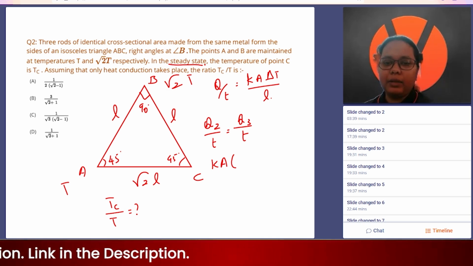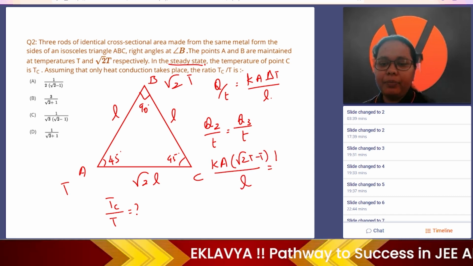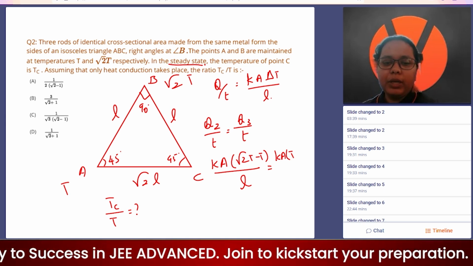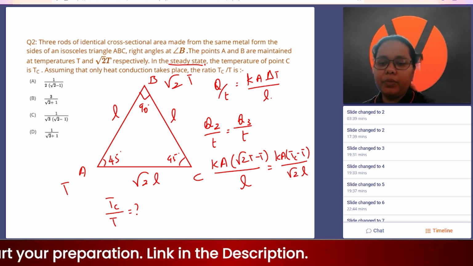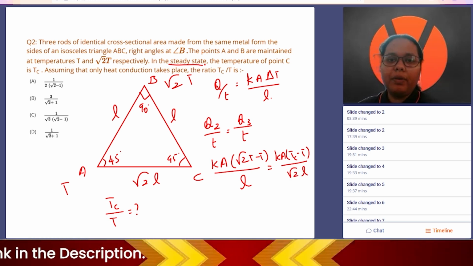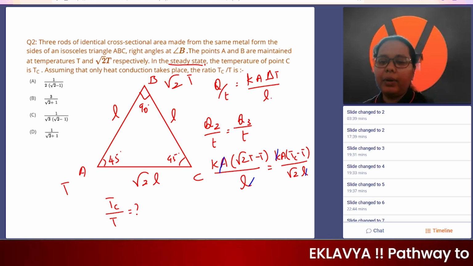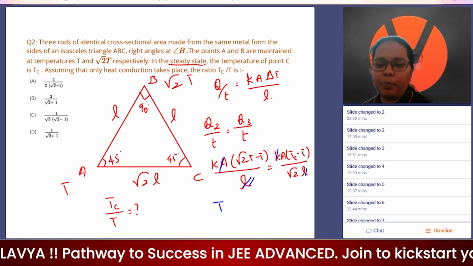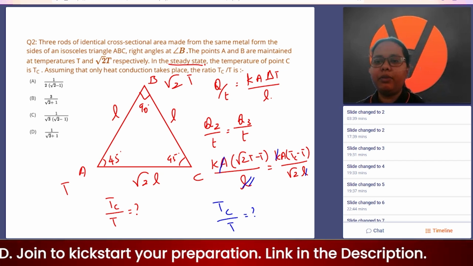Writing it, root 2 T minus T divided by L, which will be equal to K A into Tc minus T divided by root 2 L. So you will cancel the common values K A and L, and by cross multiplying and grouping the T terms, you can find the Tc by T value. Fine.